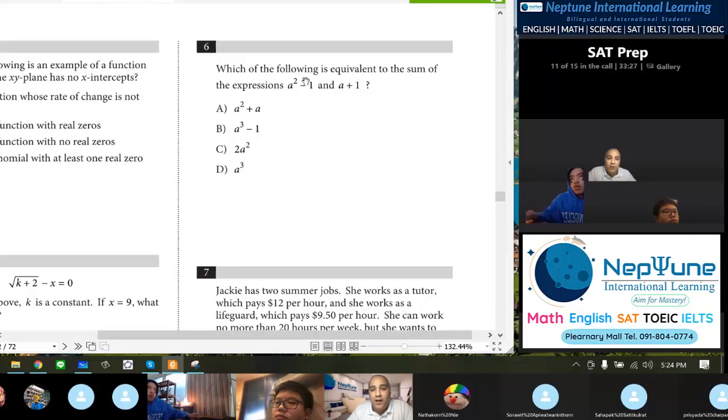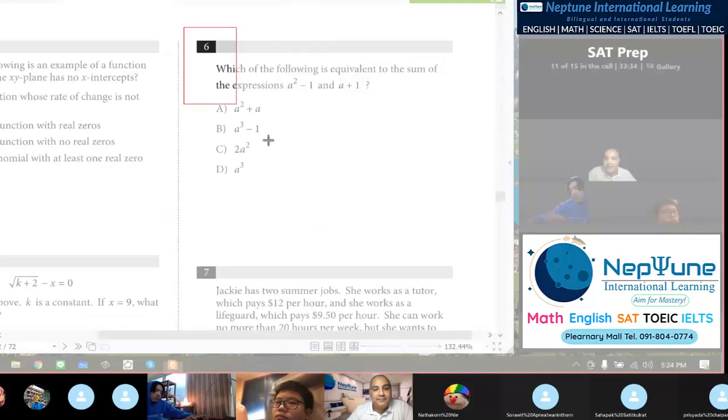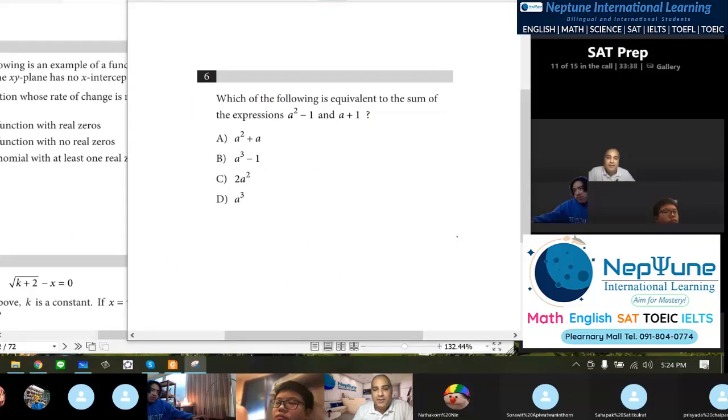Sum means add. Let me show you; this question is really easy. You have a squared minus 1 and then plus a plus 1. Sum. So this one and this one are like terms. We can add them.